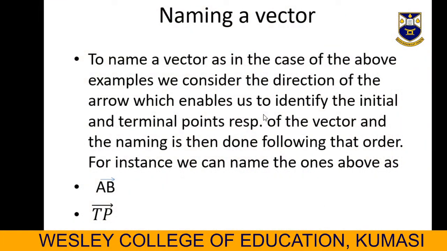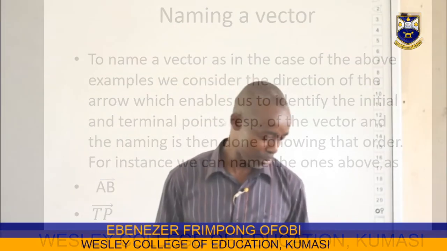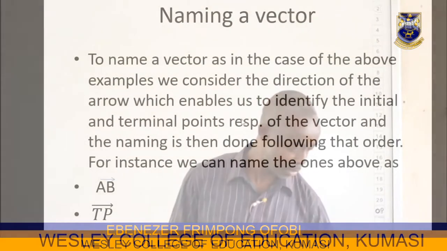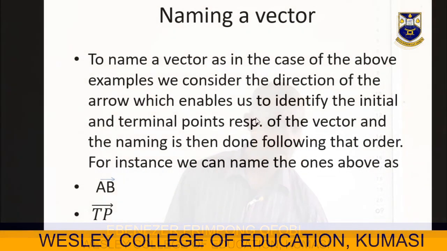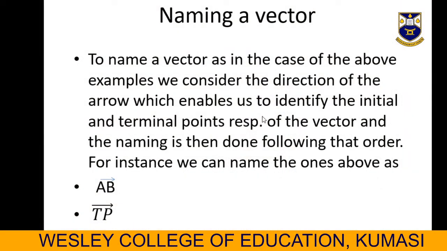So in naming, that is the way to go. The starting or initial point should be mentioned first, then the terminal point will follow. Can you name the first one for me?